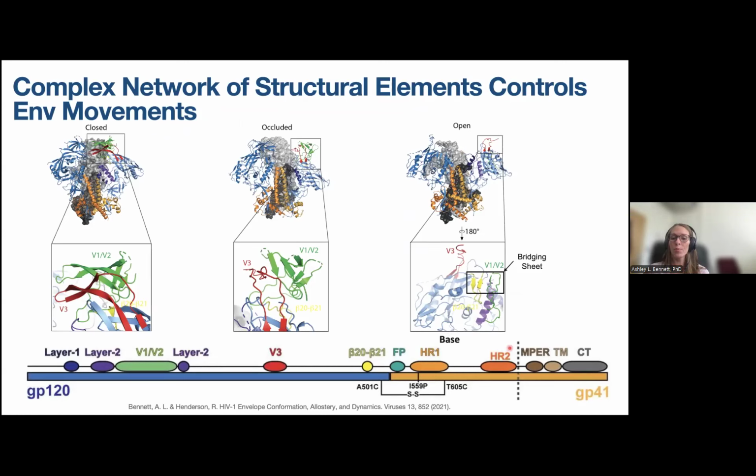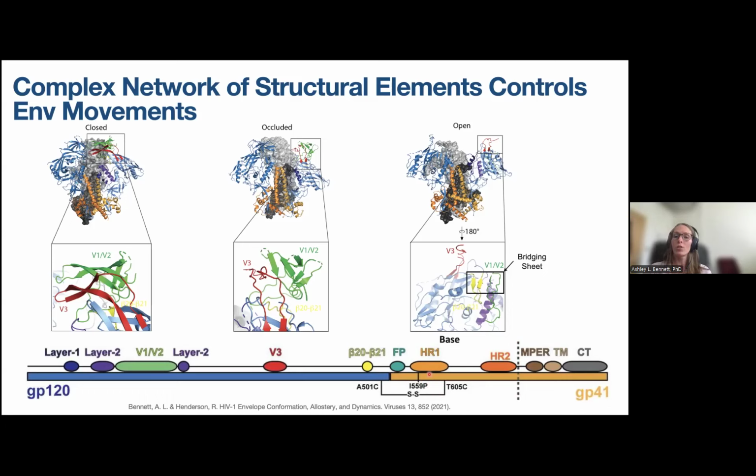In this SOSIP, we truncate right here at this dotted line so that the ectodomain does not contain the transmembrane domain. We also introduce a disulfide between GP41 and GP120, and this proline mutation here in the GP41 peptide repeat motif.